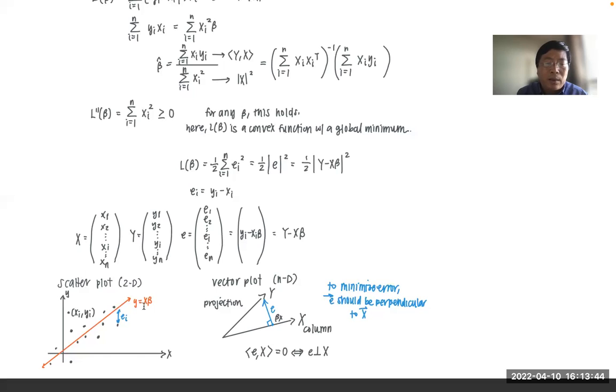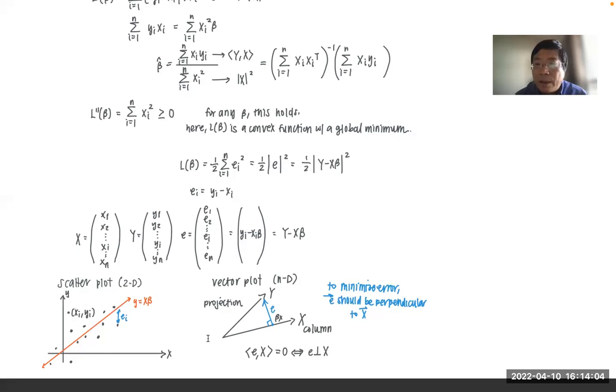So this is a scatter plot. It is very intuitive, and it is in the two-dimensional space. Each point is a training example (xi, yi), and we want to find the regression line that gives us the best fit for the whole data cloud.